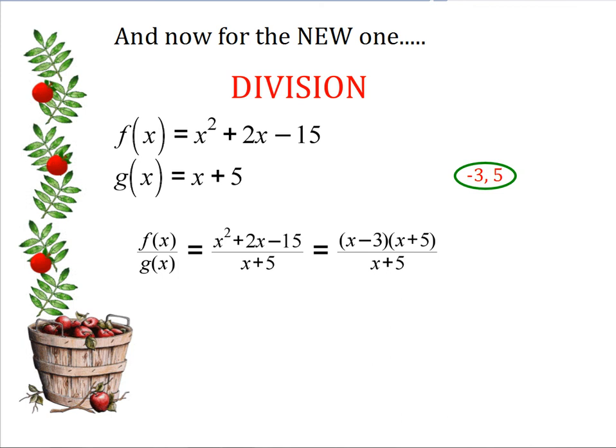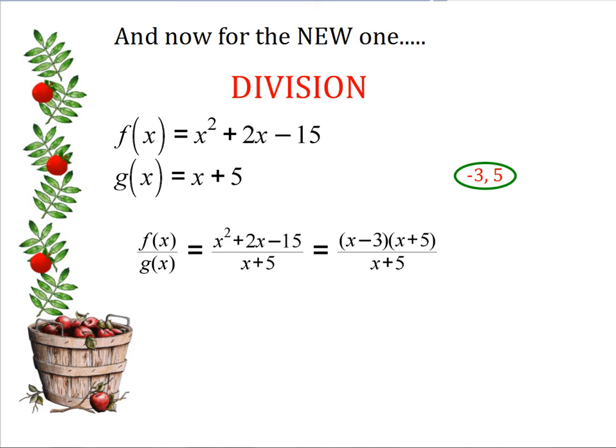Since I factored the numerator of this fraction, remember back when you were doing exponents, you would write out all the x's in the numerator of your fraction and in the denominator, and then some of them would cancel. Well, we're going to be able to cancel some of these factors.